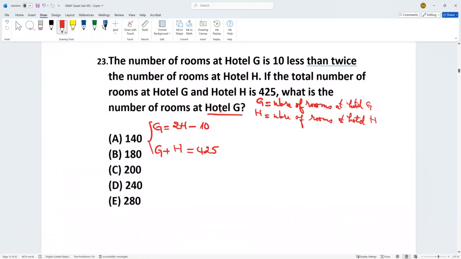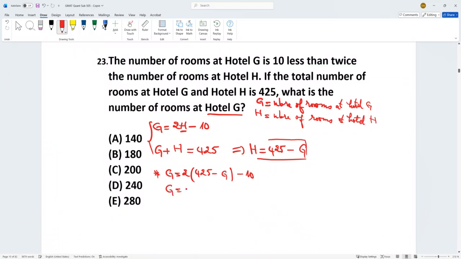One way we can do that is to find the expression of H, being equal to 425 minus G, and replace H in this equation with it. So G will now be equal to 2 times (425 minus G) minus 10.